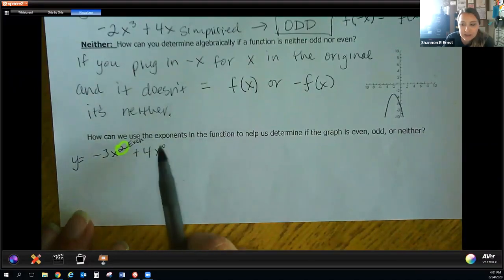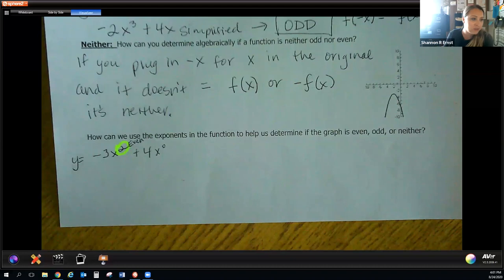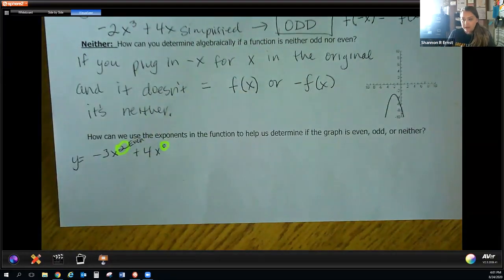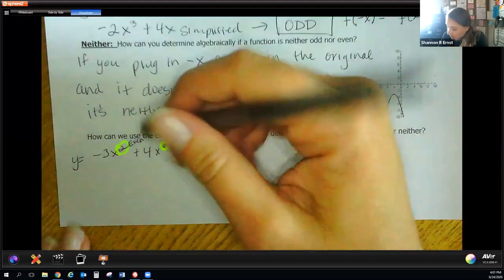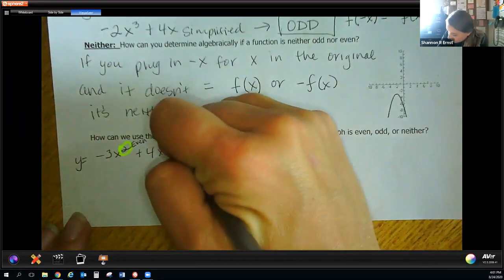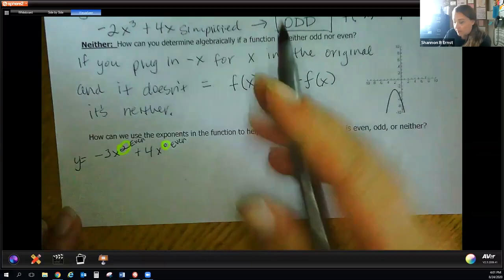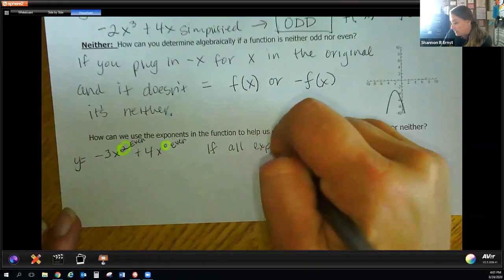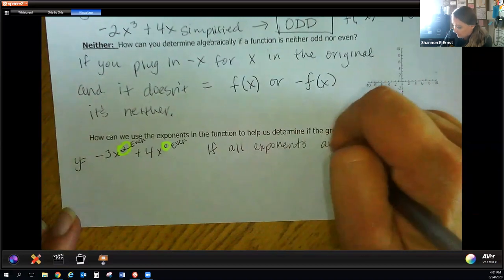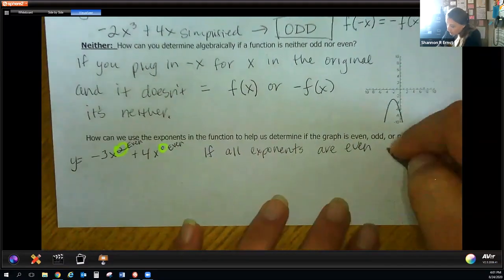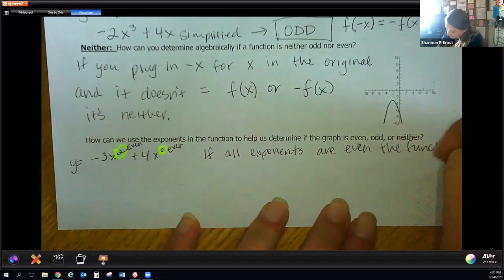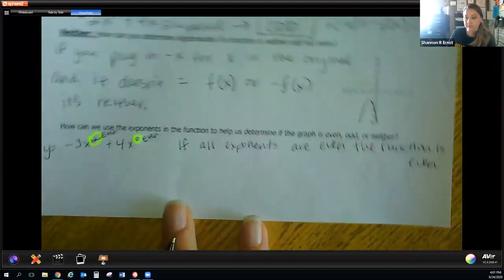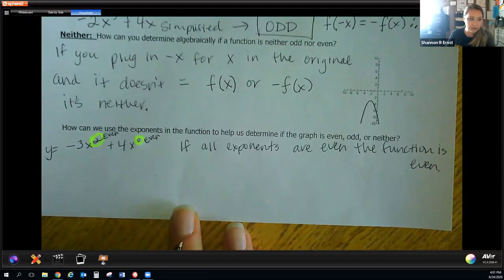So x to the 0 represents a constant where you wouldn't have an exponent. And this exponent is actually 0, which is even. So we consider 0 even. So if all exponents, write this down, if all exponents are even, the function is even. Pretty cool trick.